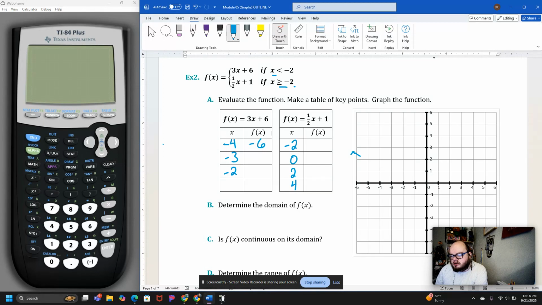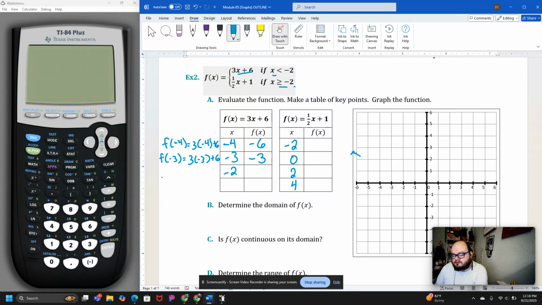Again, I'll rewrite this in case you want to know. We did f of -4 is equal to 3 times -4 plus 6, and that yielded -6. Now f of -3 is 3 times -3 plus 6, again plugging into this first function. 3 times -3 is -9, and -9 plus 6 is -3.